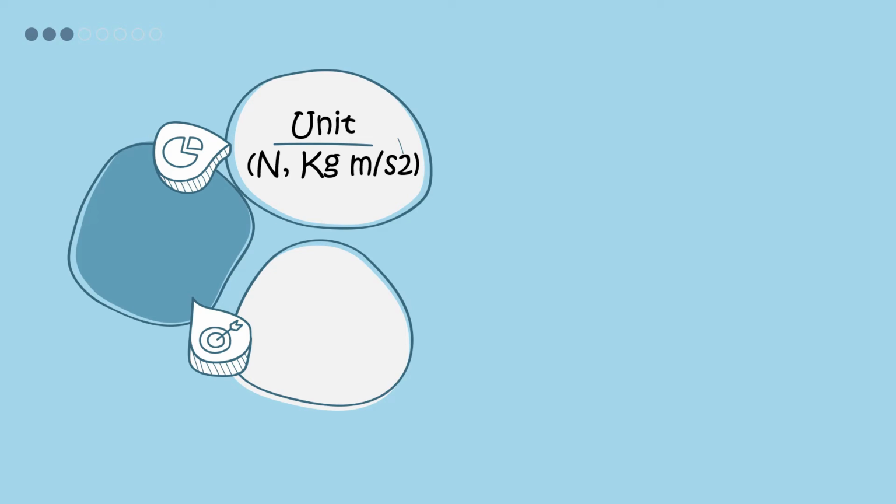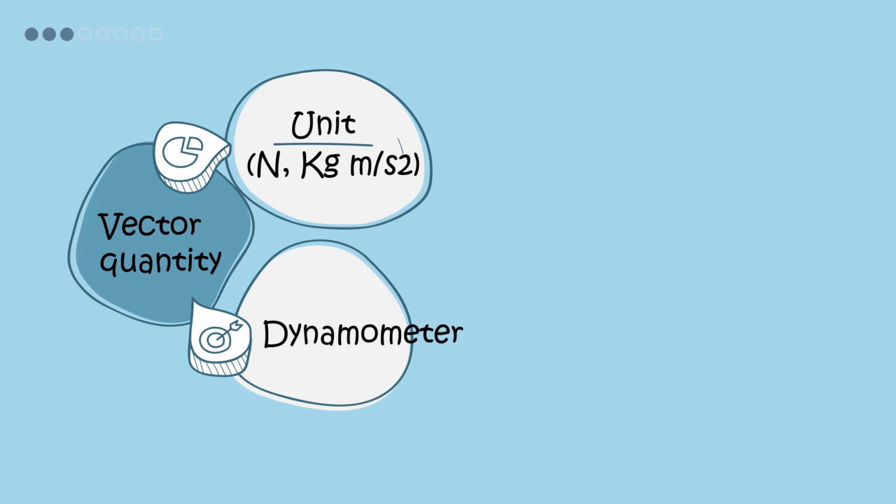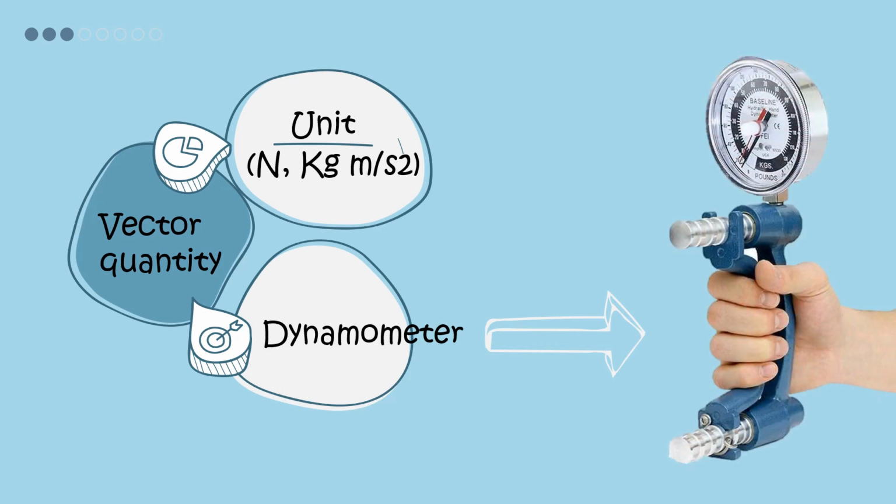Is it Sir Isaac Newton? Force is also included in the vector quantity, meaning a quantity that has magnitude and direction. The tool used to measure the force is a dynamometer. And here is the picture of the dynamometer.